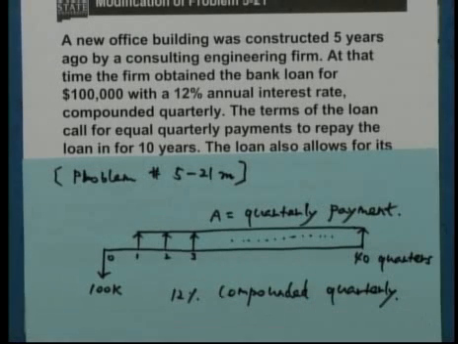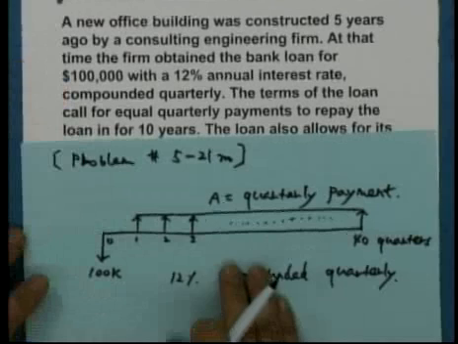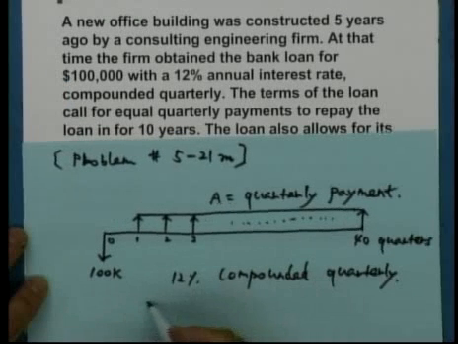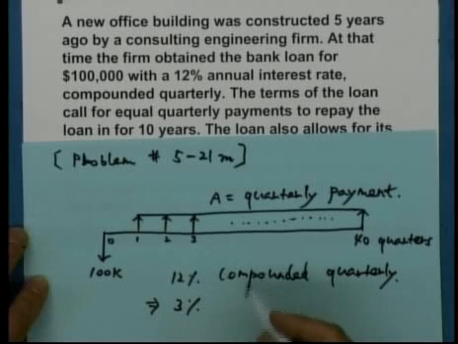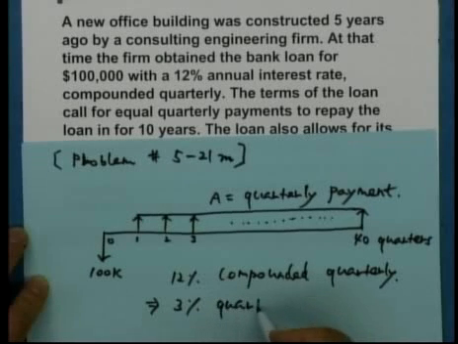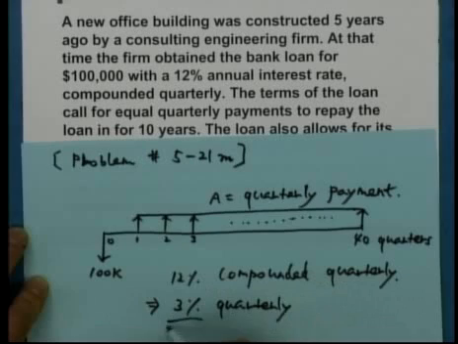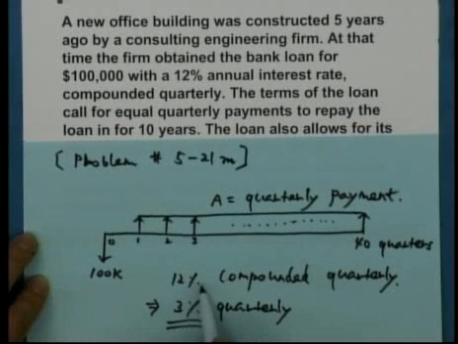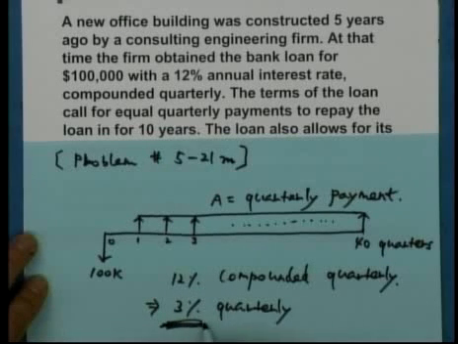Okay, which means the bank charges 3% quarterly, right? How did you get 3% here? 12% divided by 4, because there are 4 quarters in a year. So the bank will charge 3% quarterly. Is that right?